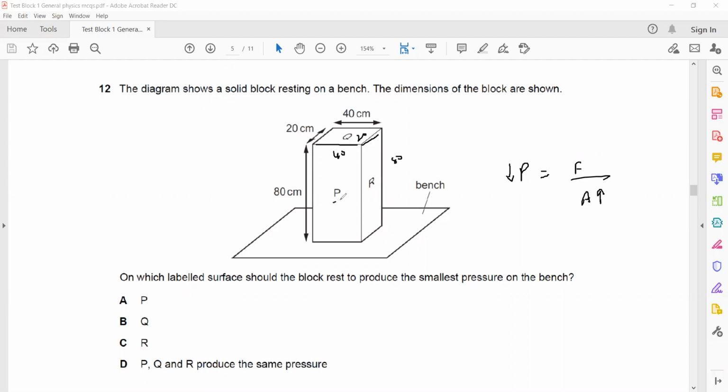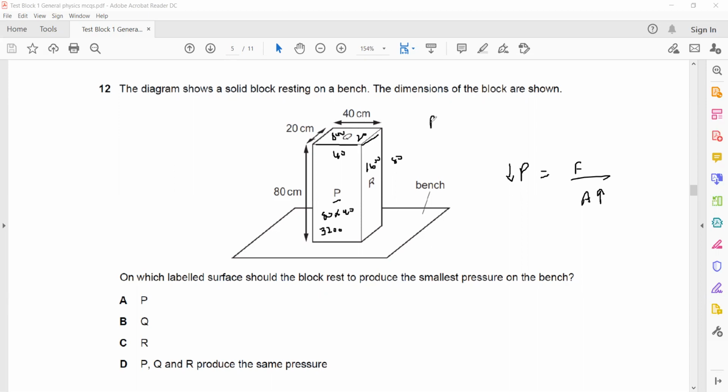When I find the area of P, it will be 80 multiplied by 40. So 8 multiplied by 4 is 32, and 3,200 will be there. Then 80 multiplied by 20: 8 multiplied by 2 is 16, so 1,600. And what about this one? 2 multiplied by 4 is 8, so this will be 800.